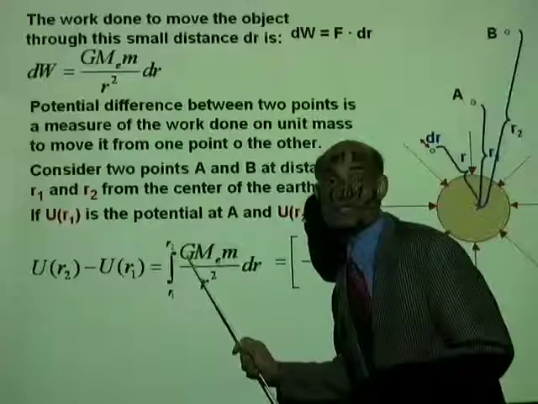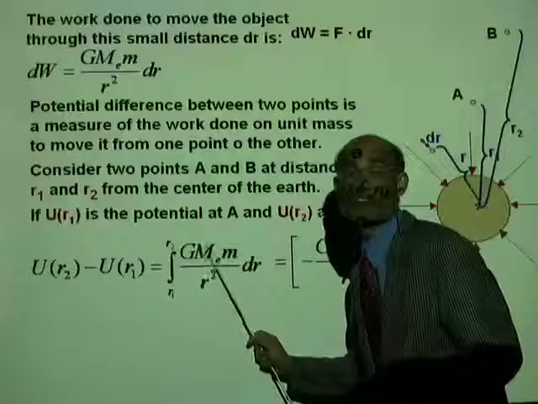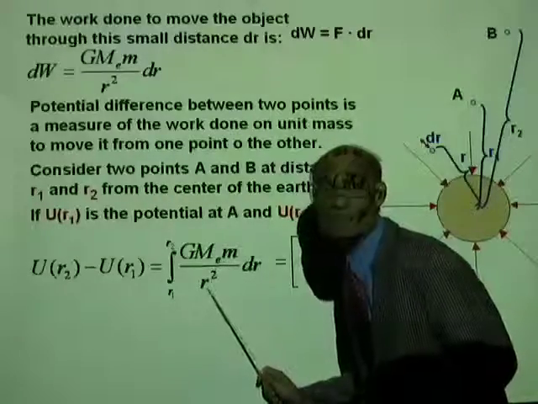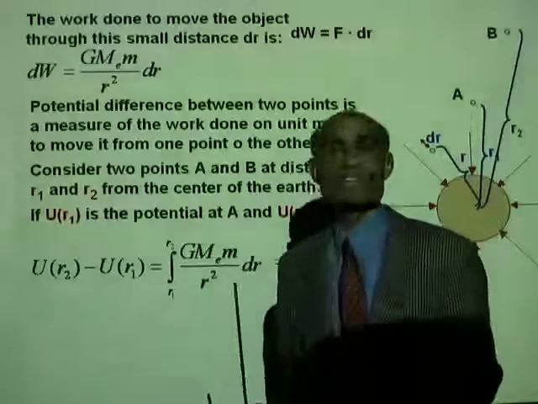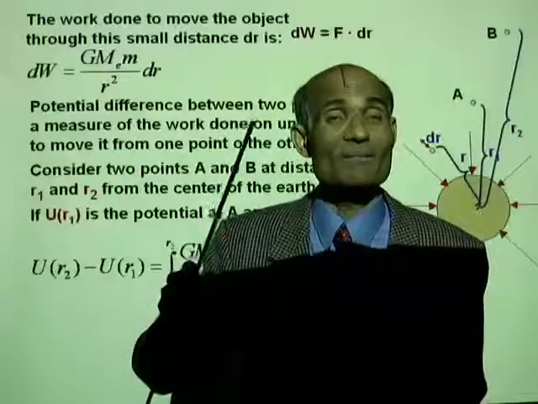If you notice, G, M_E, M, they are all constants. And so you need only integrate 1 over R squared dr. Do you know the integral of 1 over R squared dr?